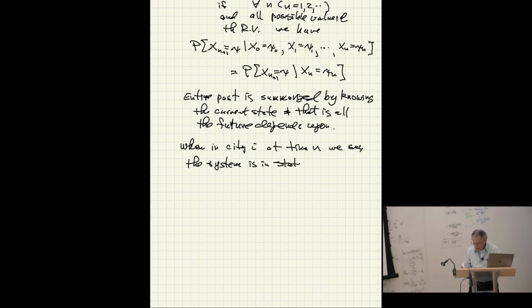And instead of saying state I, I'm going to call it E sub I. When I write down E sub I, I mean the state I at step n. So when I say we're in state E sub I at step n, I mean you're in city I at time n.